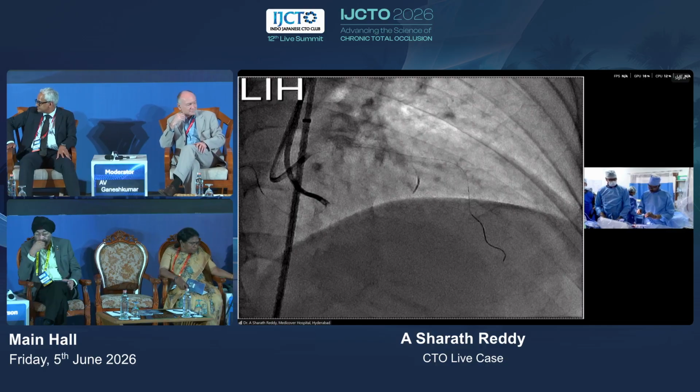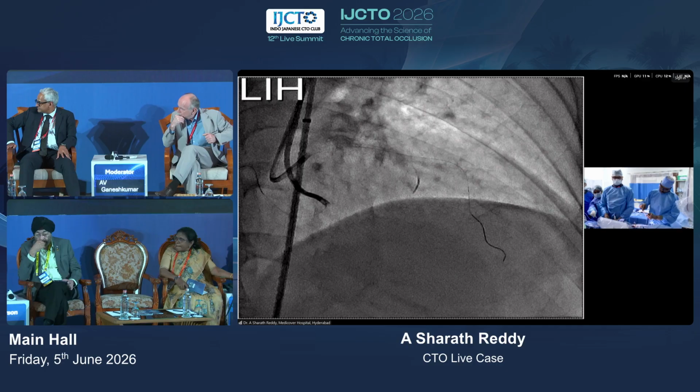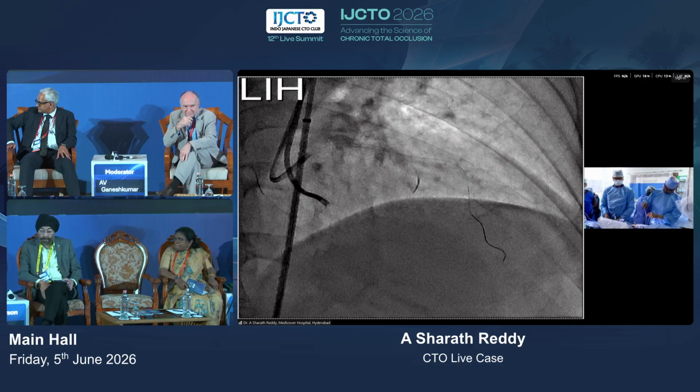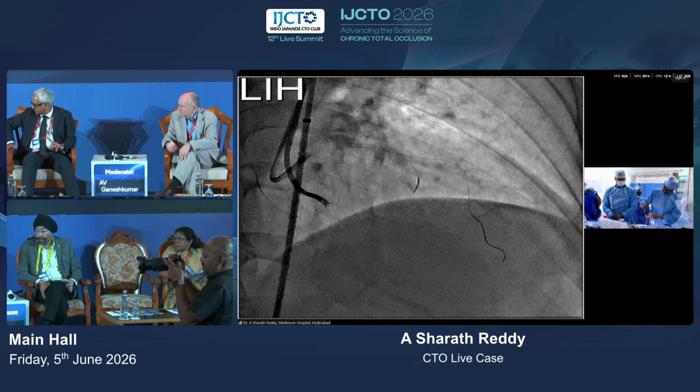I think the first point that I would like to make is the very positive use of the CT angiogram to delineate the anatomy, identify the proximal cap, and identify a proper view for attempting the proximal cap antegradely. That was a great demonstration.